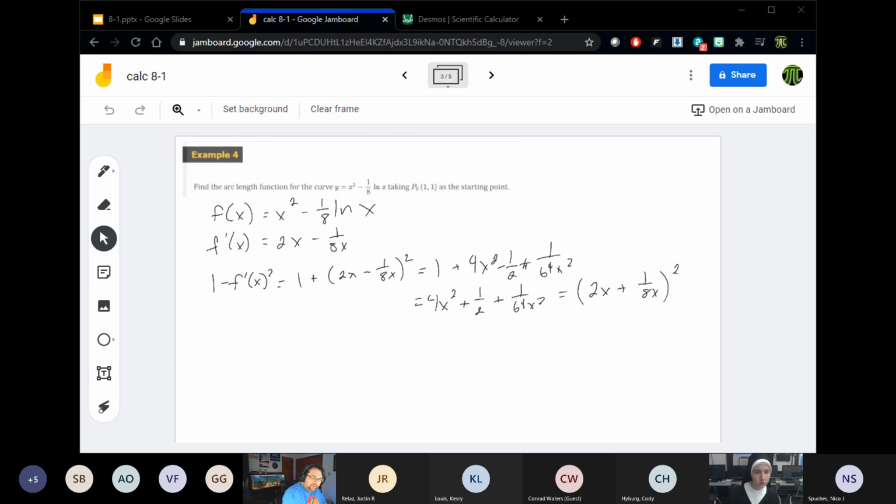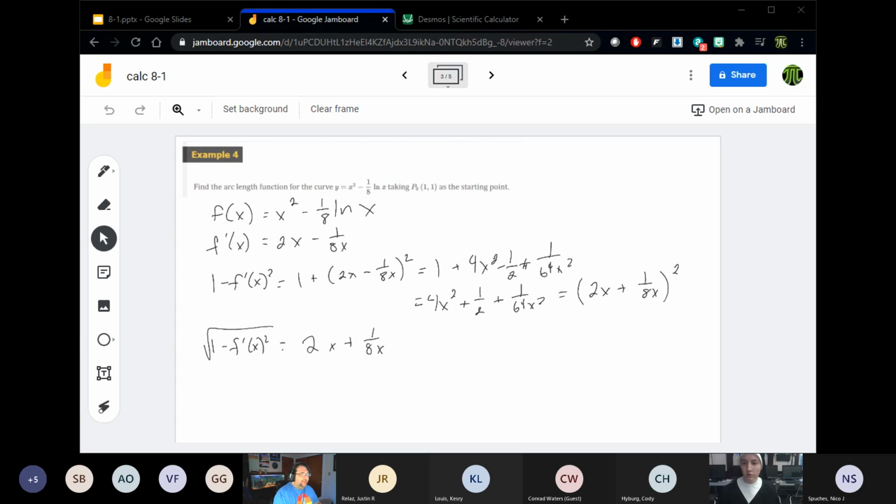So I'm going to take the square root of that. I'm taking the square root of 1 plus f prime of x squared, so it's the square root of that, which is just 2x plus 1 over 8x. So far we haven't done any actual integration. All we've done is simplify everything inside.